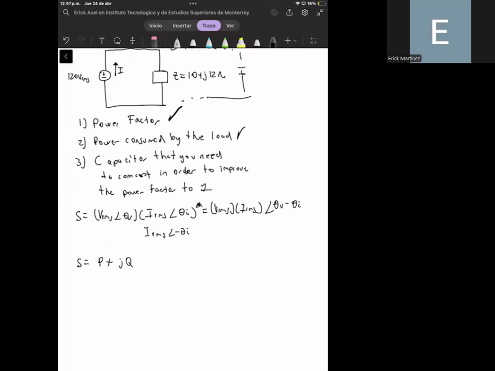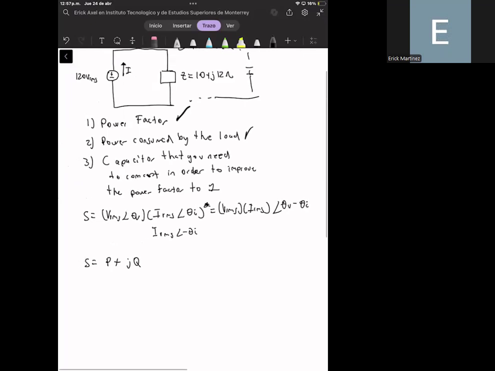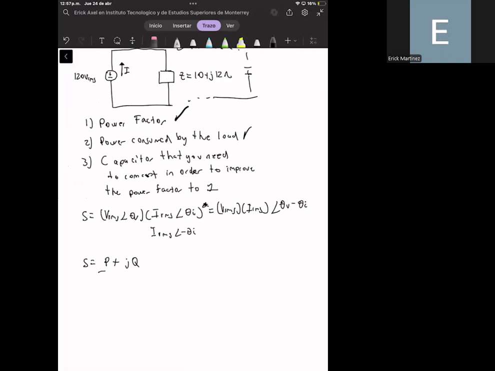Okay, so the real part is the average power. Okay, and these are watts, and this is the reactive power, no? And these are vars. Okay, this is the unit volt ampere reactive, and the average power is in watts.